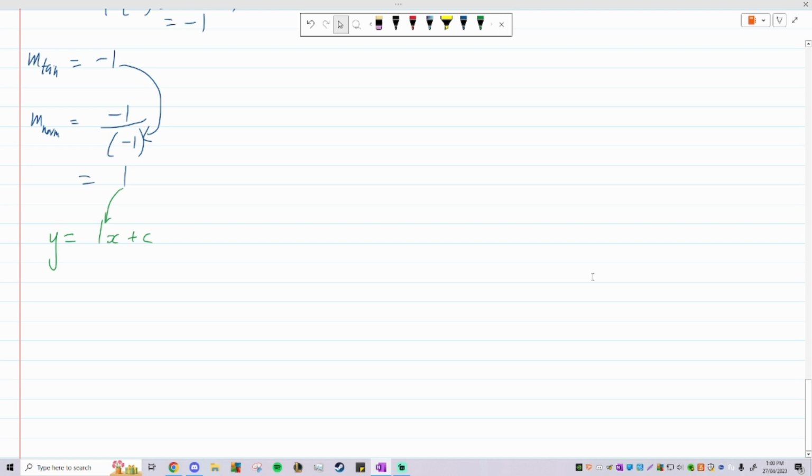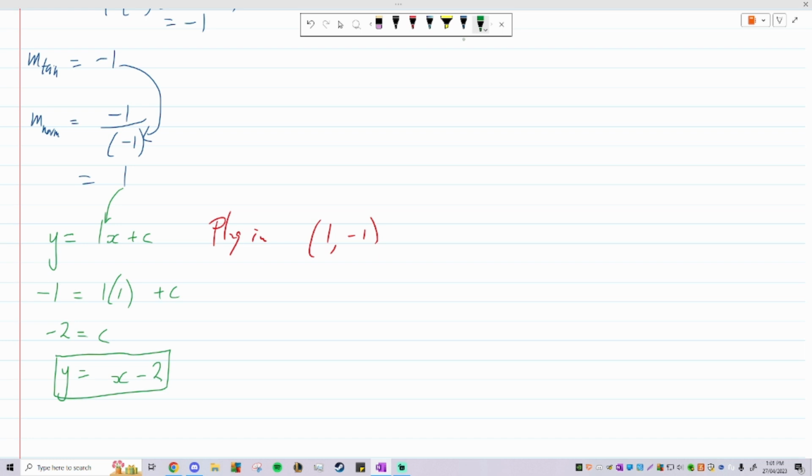So I'm just going to plug in (1, -1). We get -1 equals 1 bracket 1 plus c. 1 times 1 is just 1. Minus it over and we get -2 equals c. So we get y equals x take 2.